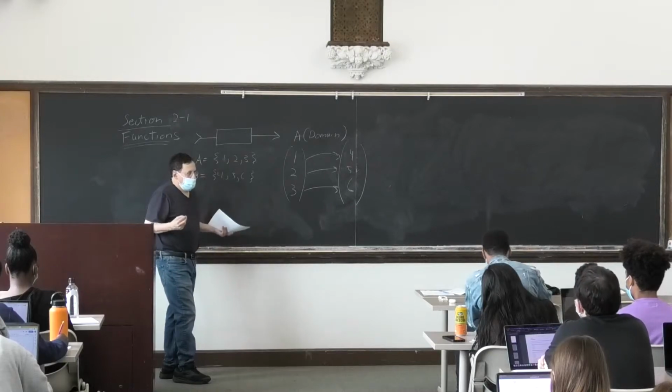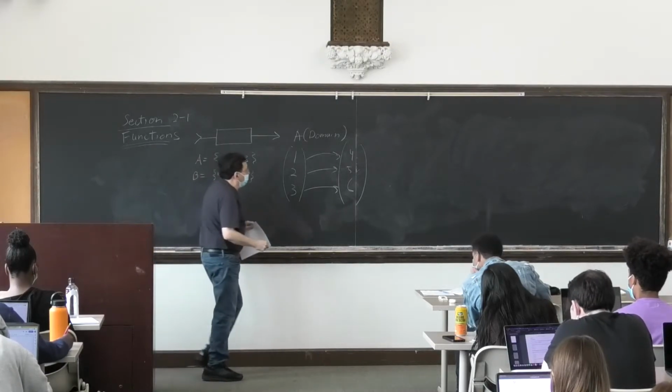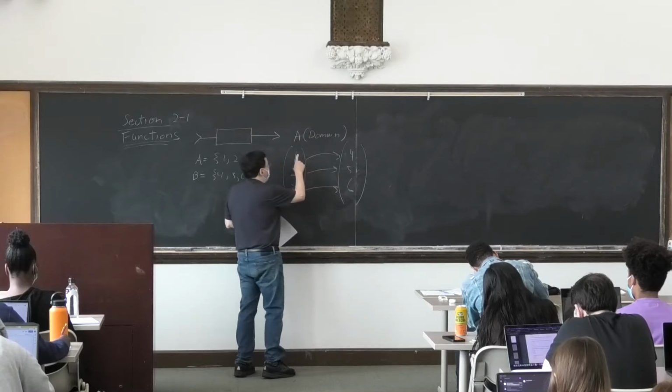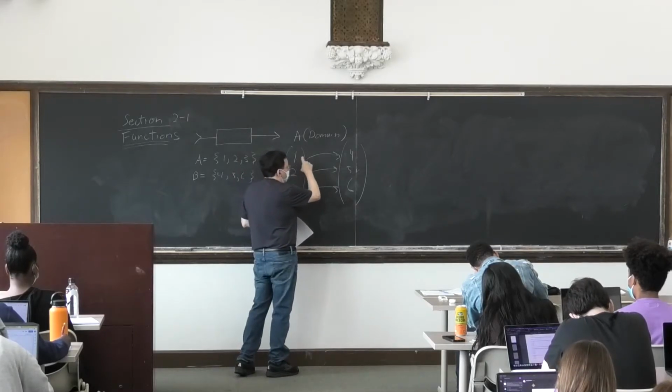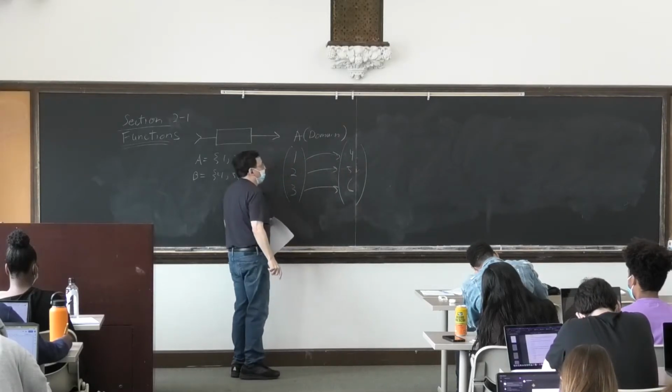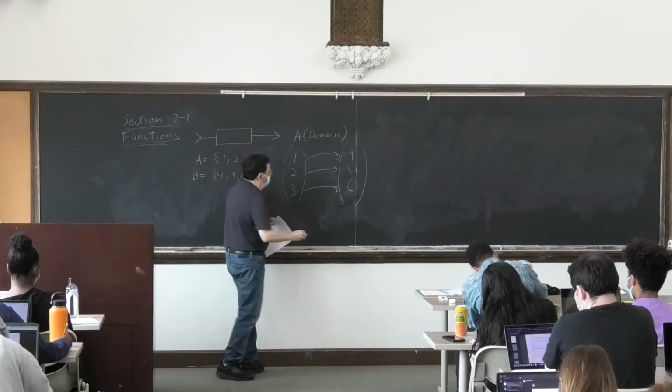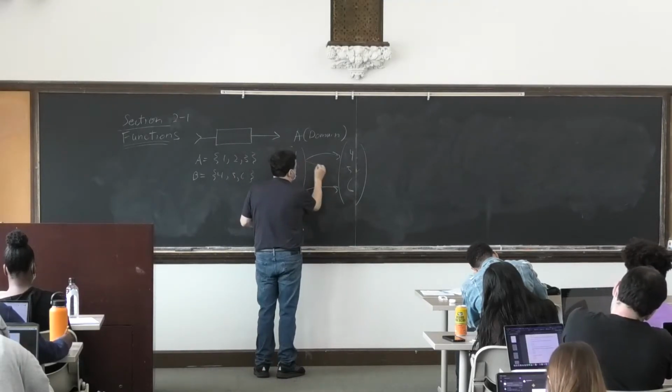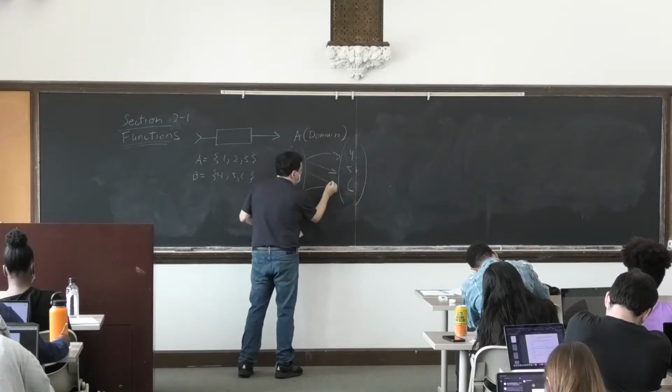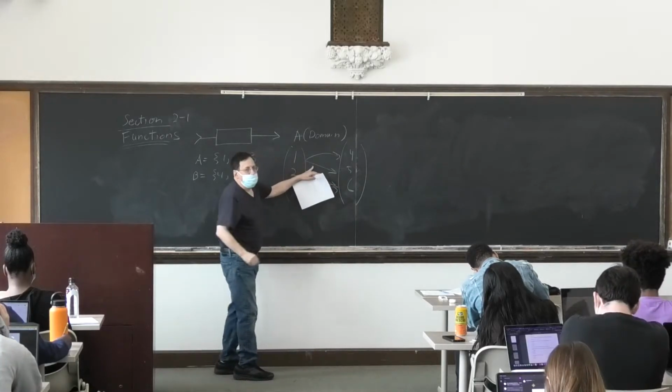Now, the most important rule about this is each element in the domain goes to one element over here. It can't go to two. If you ever see a diagram like this, this is not a function.